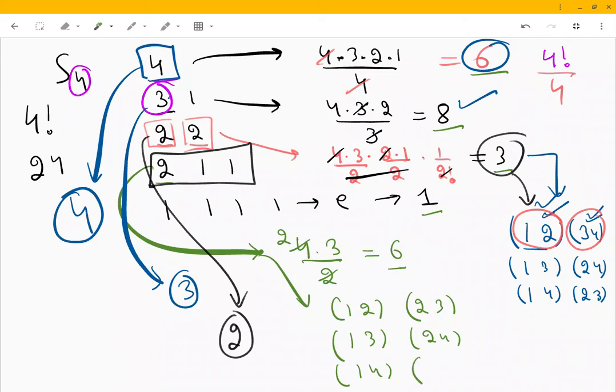My mind is not working. Oh, what? Just 1 is left. 1, 4 is there, 1, 3 is there. 3, 4. Yeah, 3, 4 is left. Right? So these 6, these are different. These are 6 elements of order 2, but of this type.